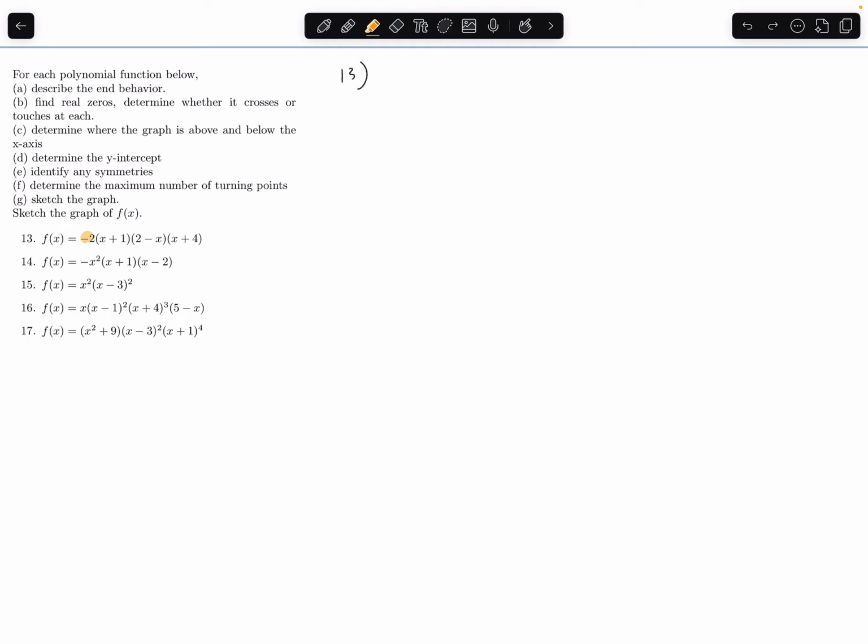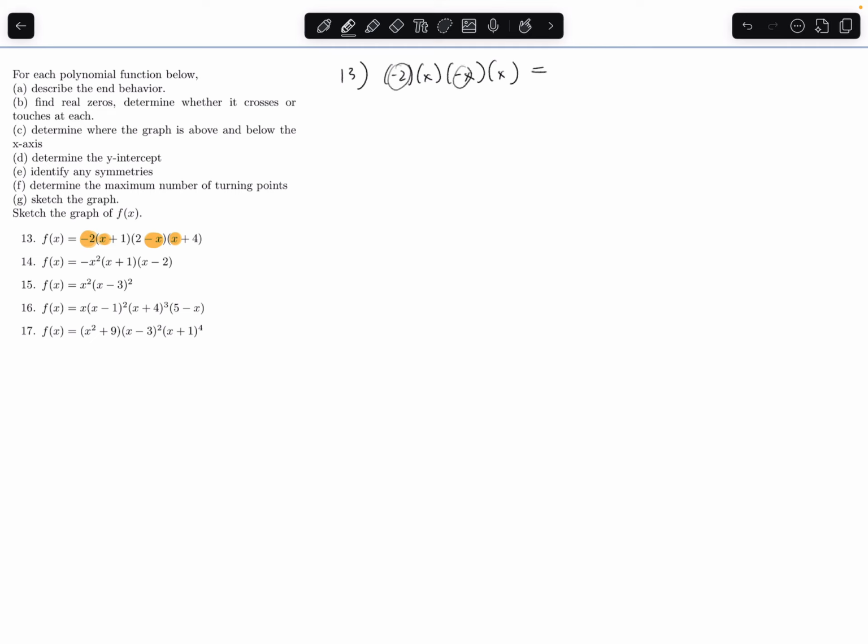You can just focus on first if there's any number in here and then any values of x. So here I have an x, I've got a negative x, and I've got another x. Also pay attention to if there's any squaring going on, but in this case there is none, so I don't need to worry. So the leading term is going to be the result of taking negative 2, that first x, that negative x, and that other x.